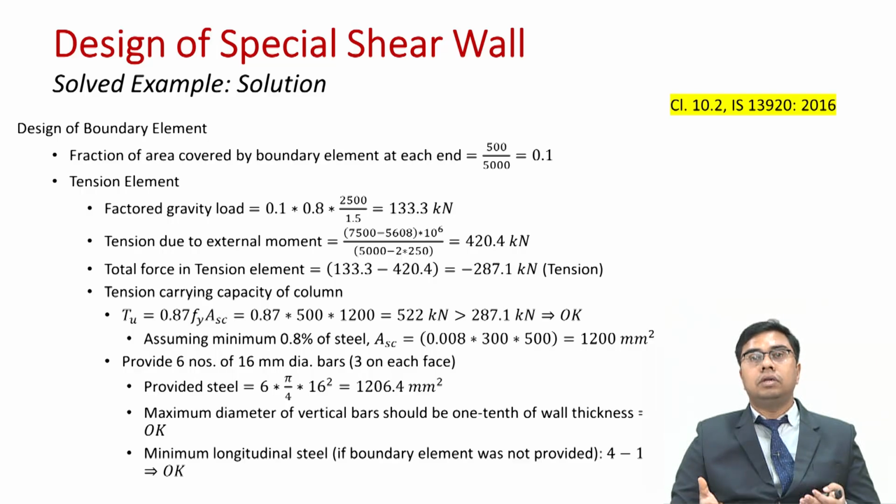Now how will you find out the tension carrying capacity of the column? Since concrete is very weak in tension, we will not consider the concrete contribution in tension. We will only consider the contribution from the steel reinforcement.